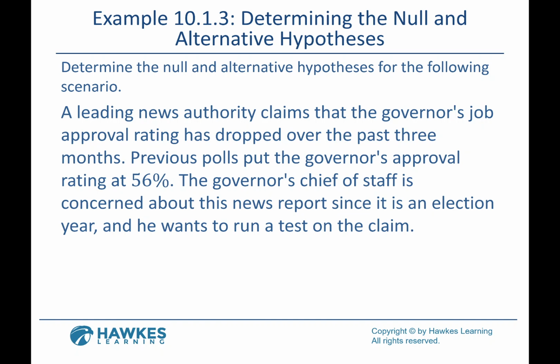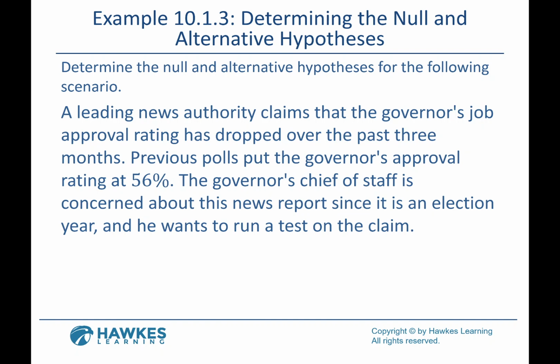Okay, so we need to come up with a way to put that in mathematical statement form. So what was the approval rating previously? It was 56%. So if it has dropped, that would mean that the approval rating is less than 56%, right? So it was 56%.